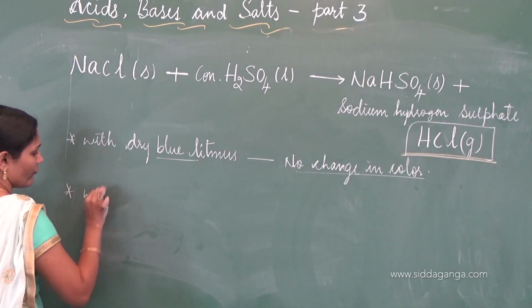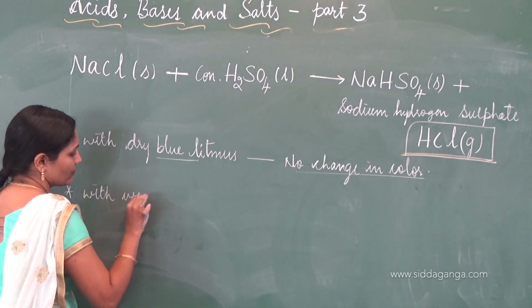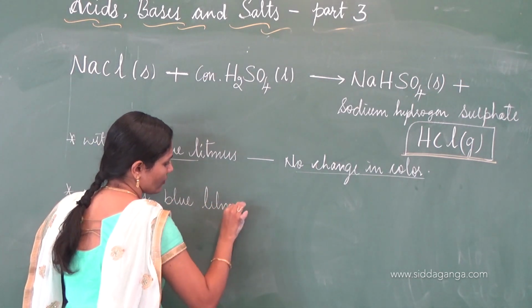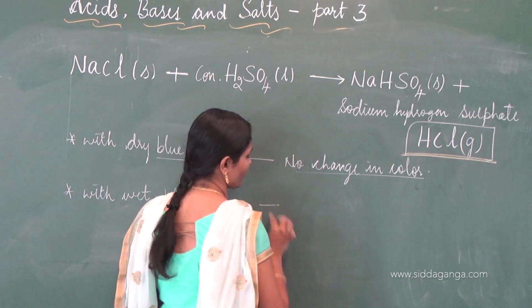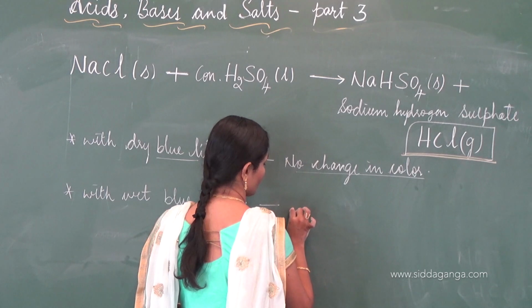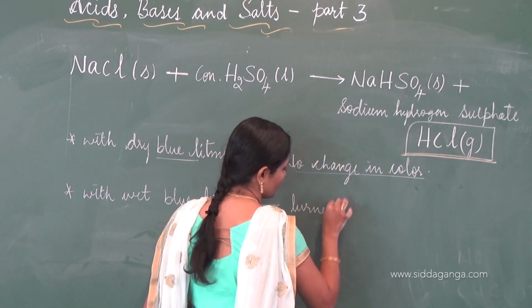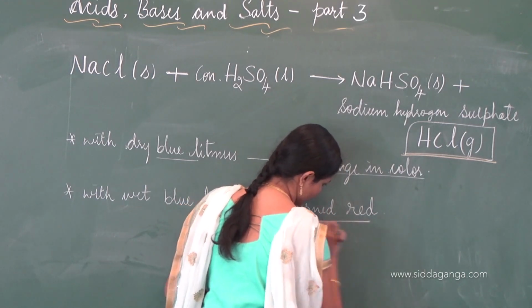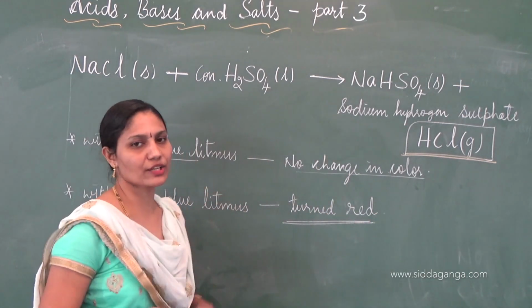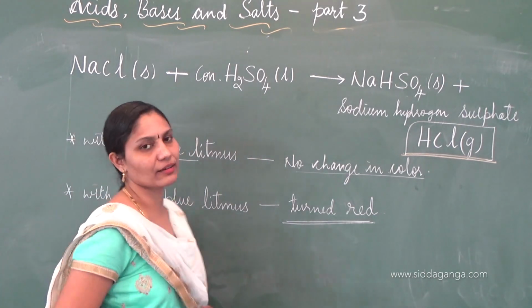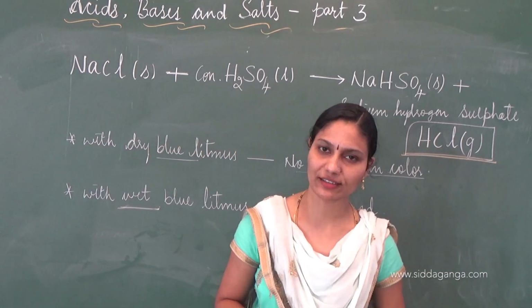But with wet blue litmus, we find the color changes to red. Turned red. So what does it indicate, dear students? With the dry litmus, there is no change in color, whereas with wet blue litmus, the color turned red.